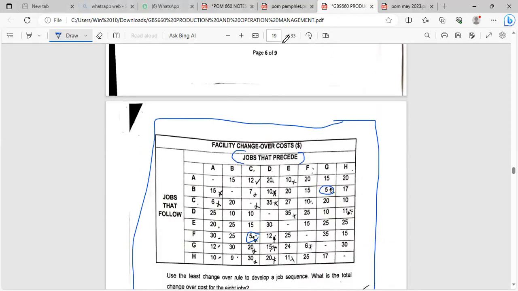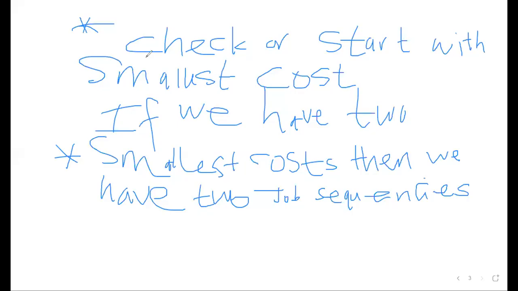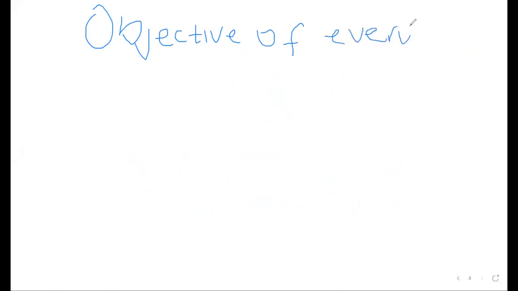I was telling you to check for the smallest cost and start with the smallest. Why the smallest? The objective of every business is to minimize cost.